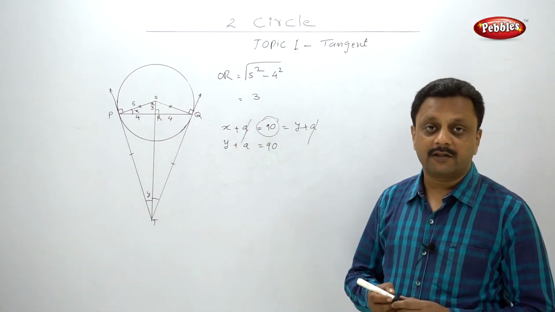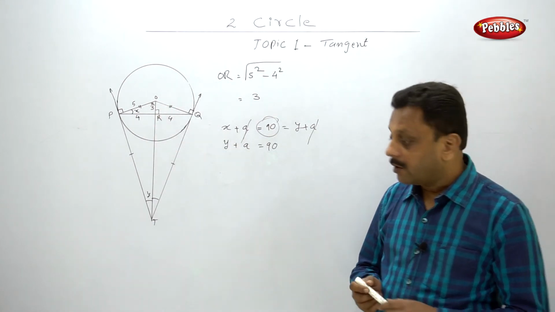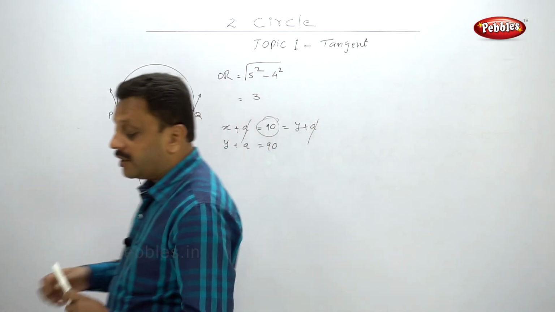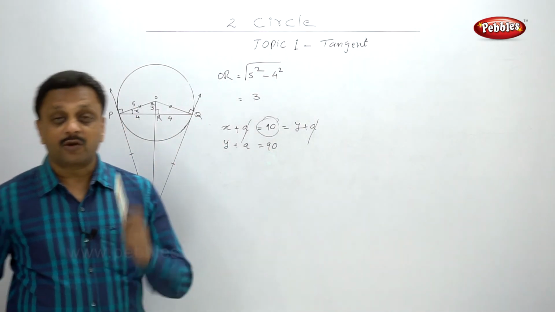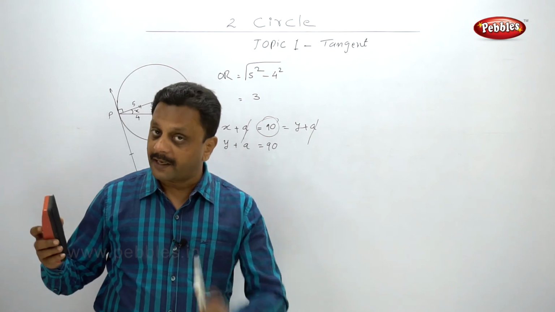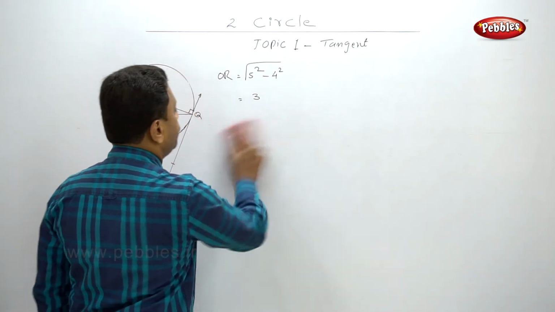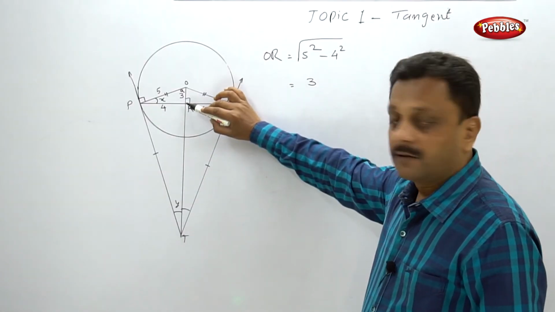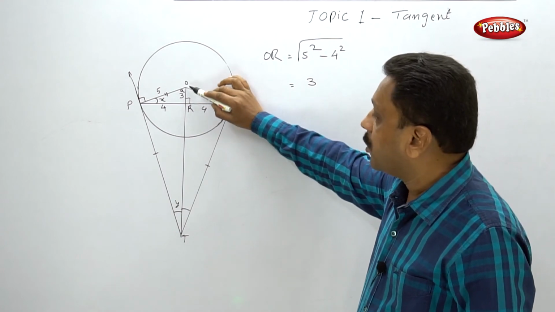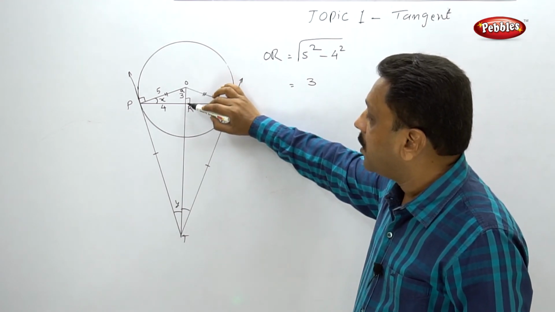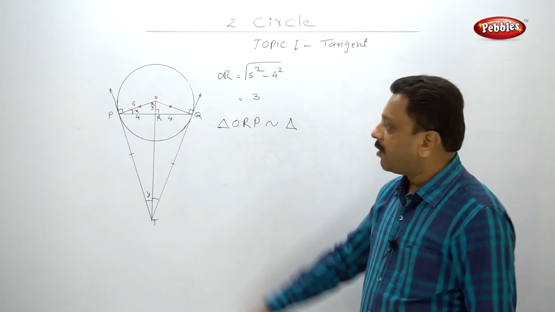Two right angle triangles we have. Correct? Now the hitch is in writing the names of those two triangles. This is the base and this is the shorter side. I'll write ORP as the name of this smaller triangle.